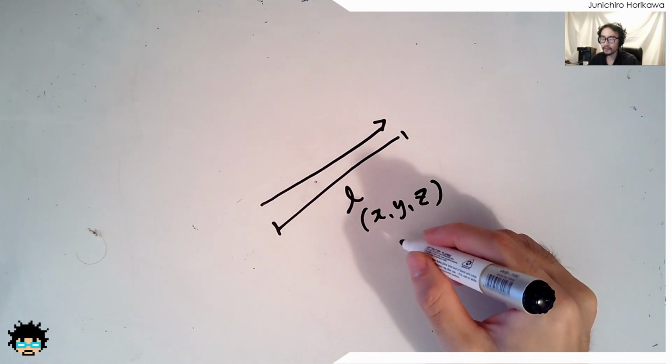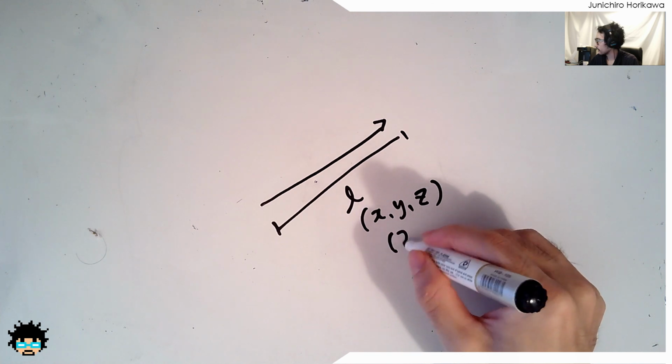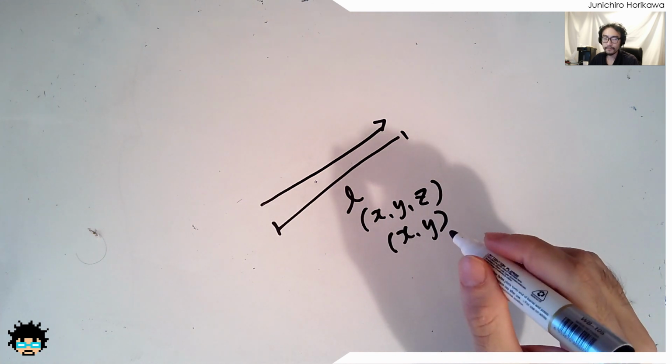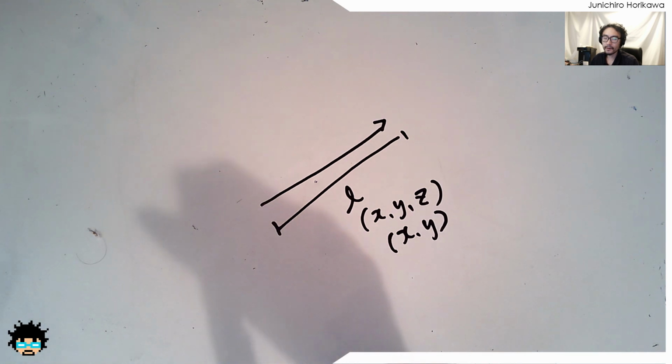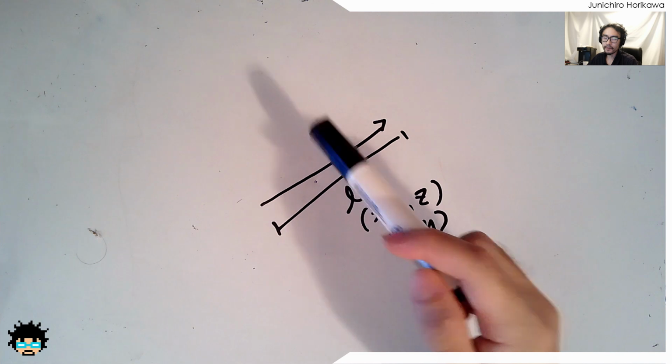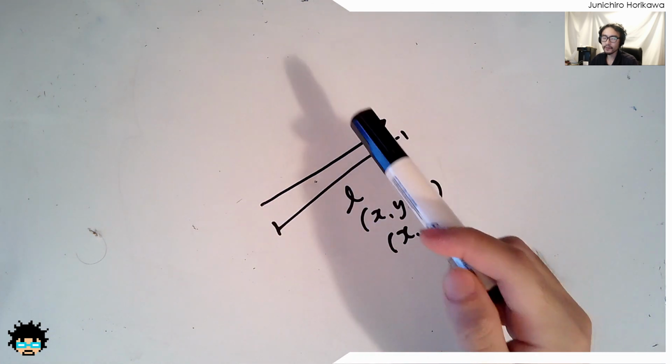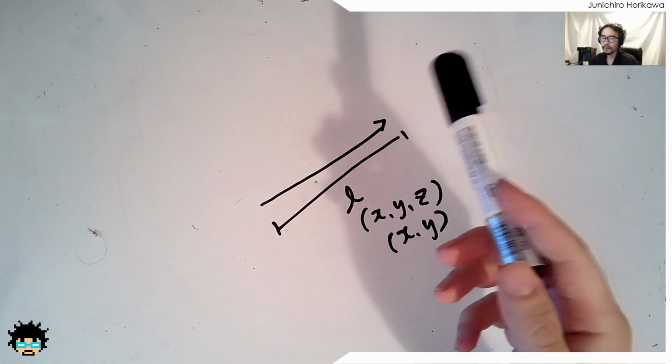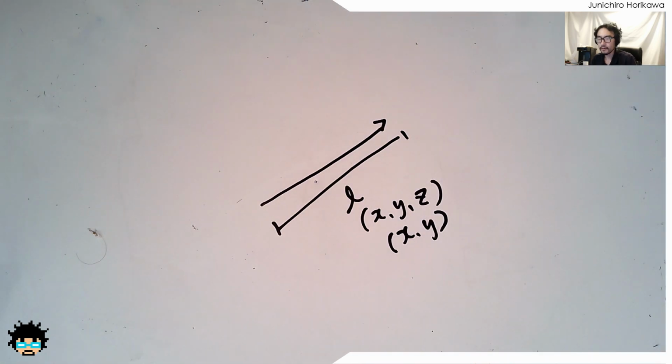If it's a 2D vector, it is written like x and y. So when we say vector operations, it means to transform this vector, this direction with the length, to another direction with another length.